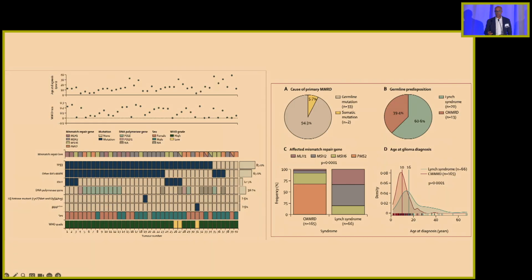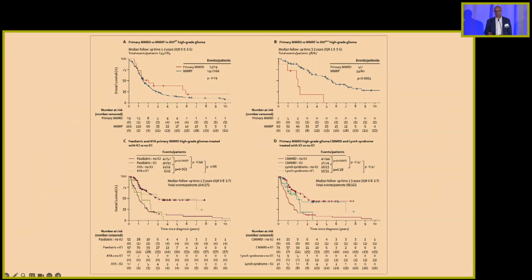What we found in these patients who have primary deficiency, so not treatment-induced, is that these patients do respond to ICI. So looking at these patients, you'll see these curves here, if I ask you to look at B, that blue line is survival of patients with high-grade glioma, IDH mutant and wild type disease, you see there, with hypermutator status.